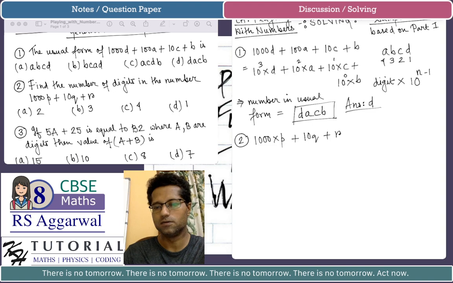So all the numbers are multiplied by some power of 10. So R is multiplied by 1, we can say 10 to the power 0. Q is multiplied by 10 and P is multiplied by 1000.